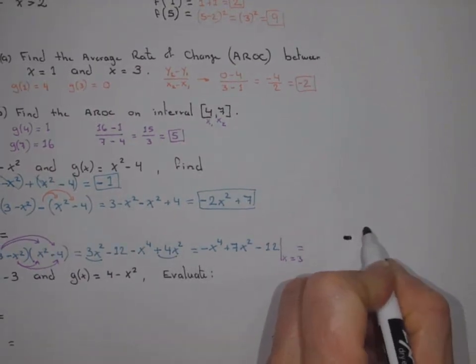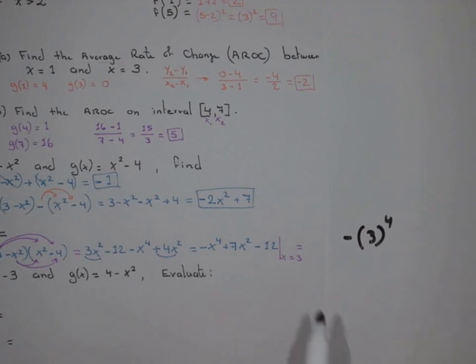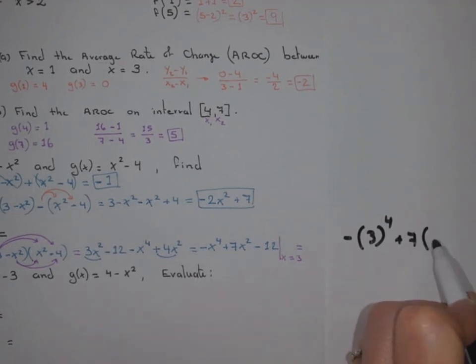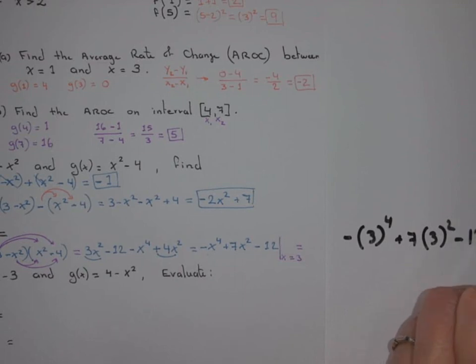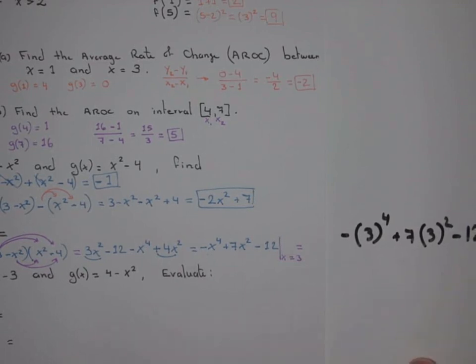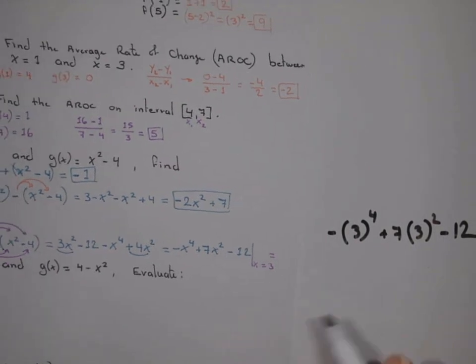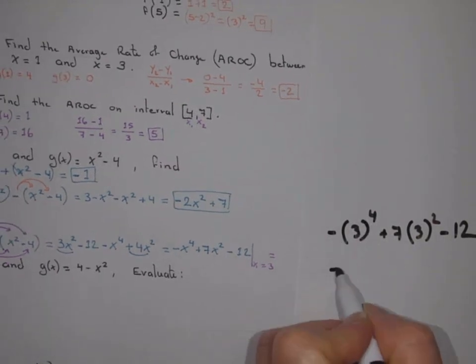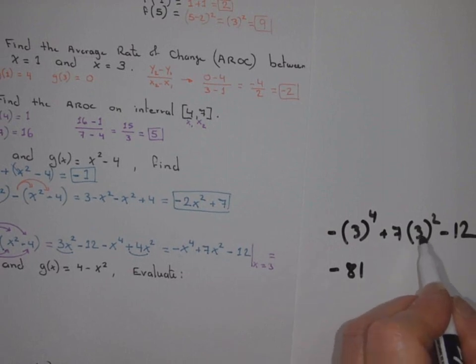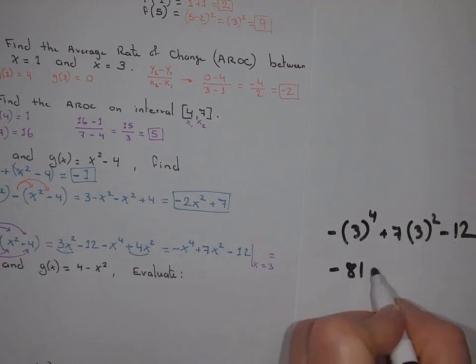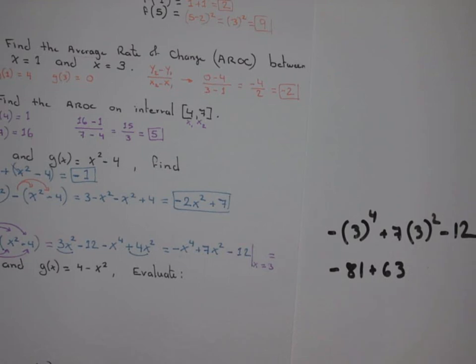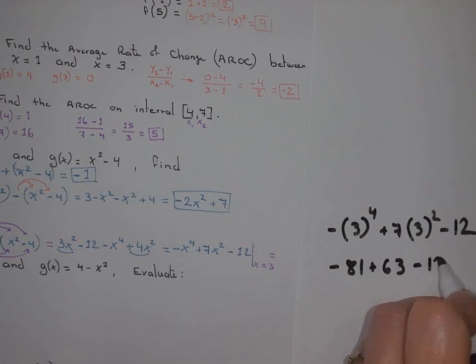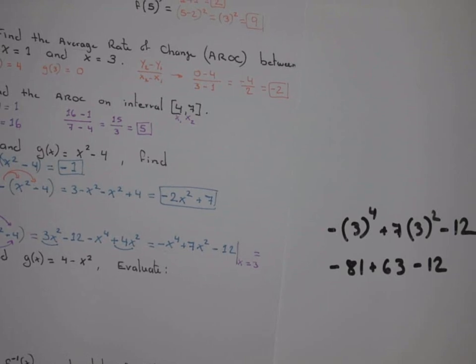So we have a negative 3 to the fourth power, and then we have plus 7 times 3 squared minus 12. Okay, so 3 to the fourth power is going to be 81, so that's a negative 81. 3 squared is 9, and 9 times 7 is 63, and then minus 12. Alright, so we're going to have a negative 81 plus 63, so that will be negative 18, right?